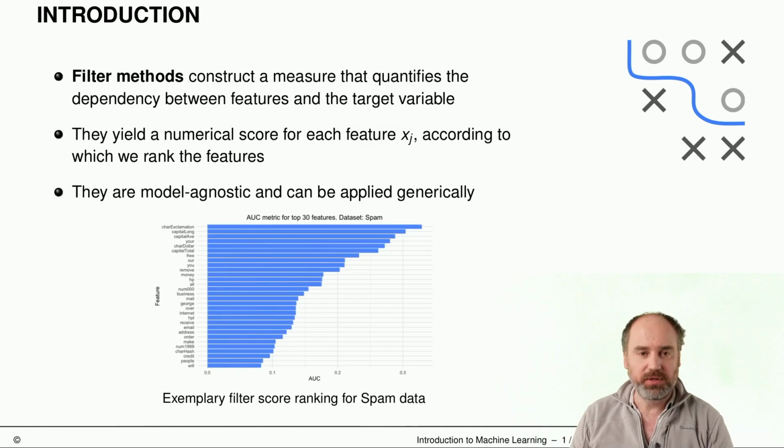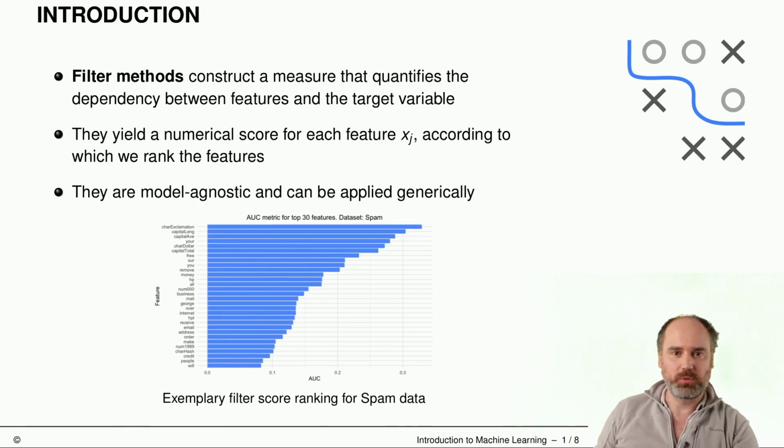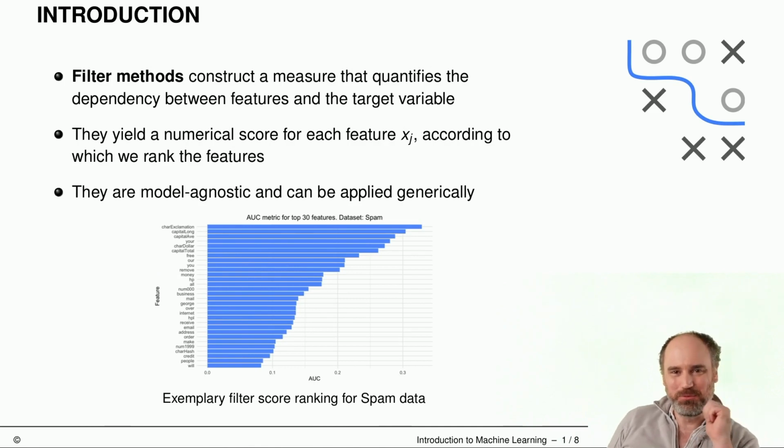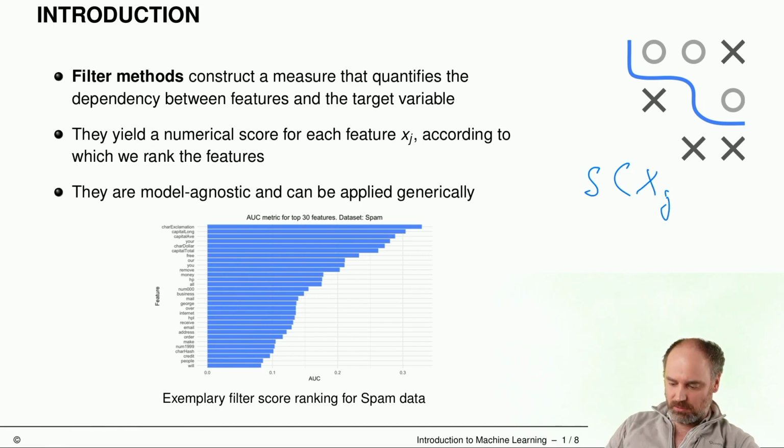So how do filter techniques work? What do they construct? Let me move a little bit to the right-hand side so you can also see the slide numbers. They're fairly simple. A filter technique is simply a measure that quantifies the dependency between usually a single given feature and the target variable. So we have some function, say S, that measures some dependence between our x_j and our y.